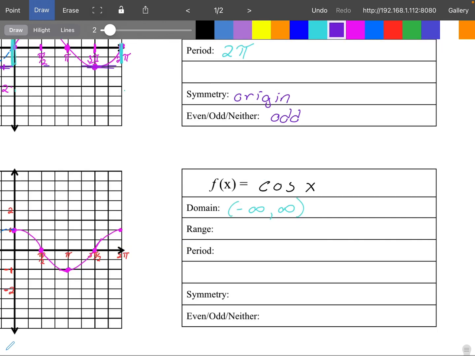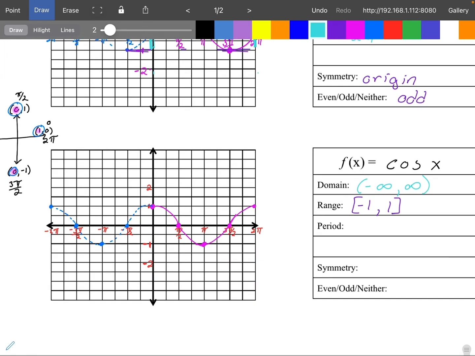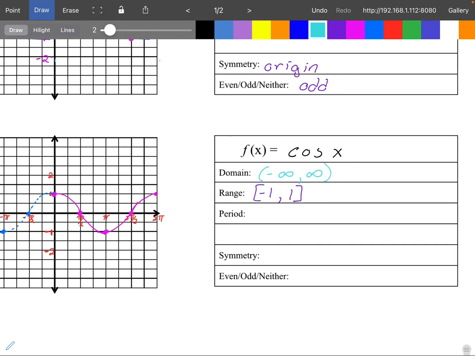Our range, as we can see, again, only goes down to -1, and it only goes up to +1, and both of those need a bracket again. From our graph, we can tell that we're going to start getting the same values over and over again once we pass 2 pi. So from 0 to 2 pi, it has a unique behavior, but then that behavior is going to start repeating. So our period is 2 pi.